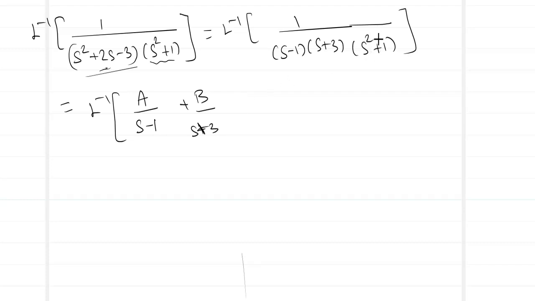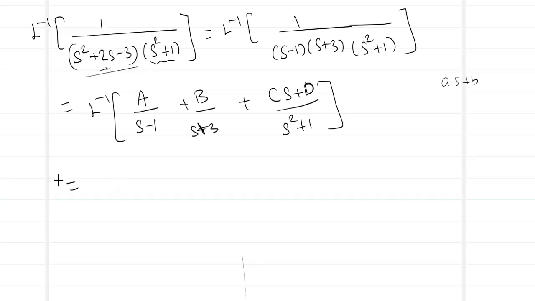So we will be requiring 2 constants of the format cs plus d. Since a and b have already been used, it gets the format cs plus d divided by s square plus 1. Now, consider the LCM of the quantities.